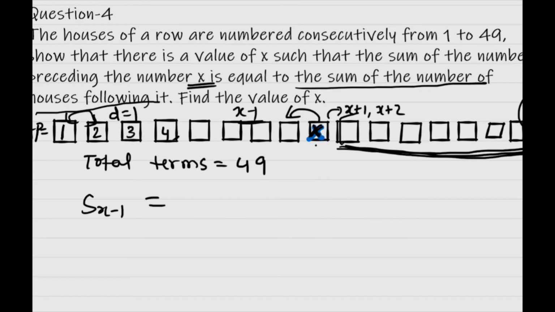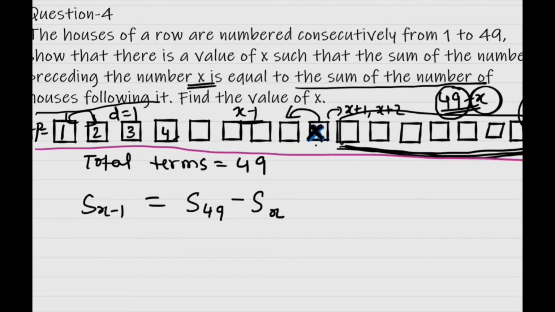So the sum of all 49 numbers minus the sum of x numbers will give you the sum of the numbers following x, so it will be S49 minus S of x. The sum of these x numbers will give you the sum of the numbers up to x.